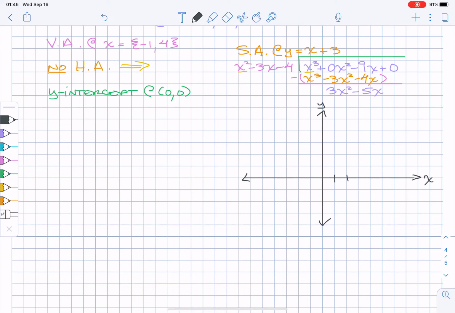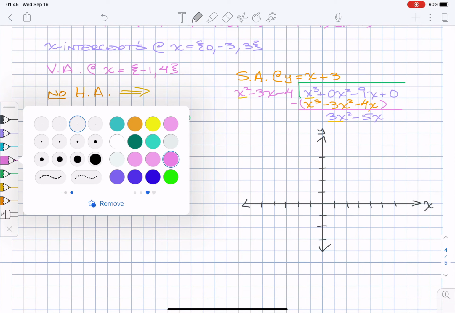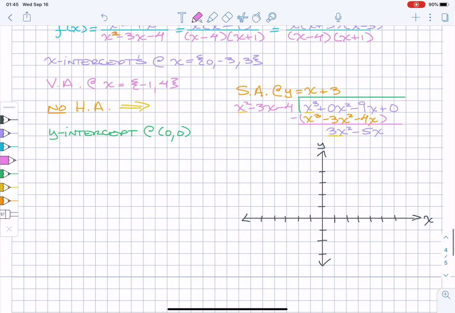So 1, 2, 3, 4, 5, 6. 1, 2, 3, 4, 5. 1, 2, 3, 4. 1, 2, 3. Okay, so my vertical asymptotes are going to be at negative 1 and positive 4.